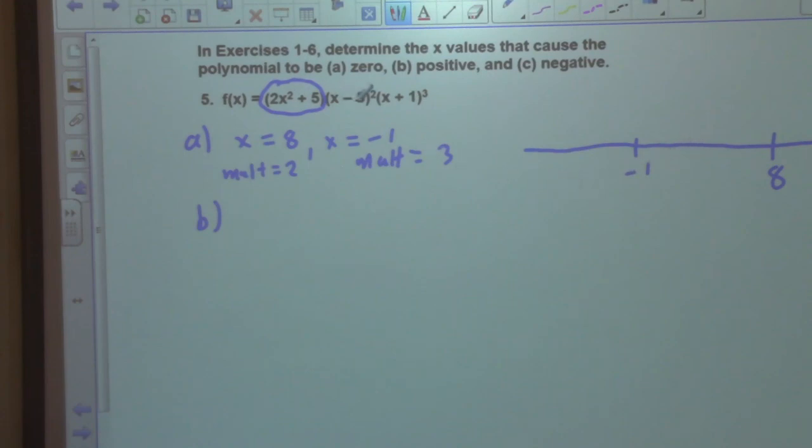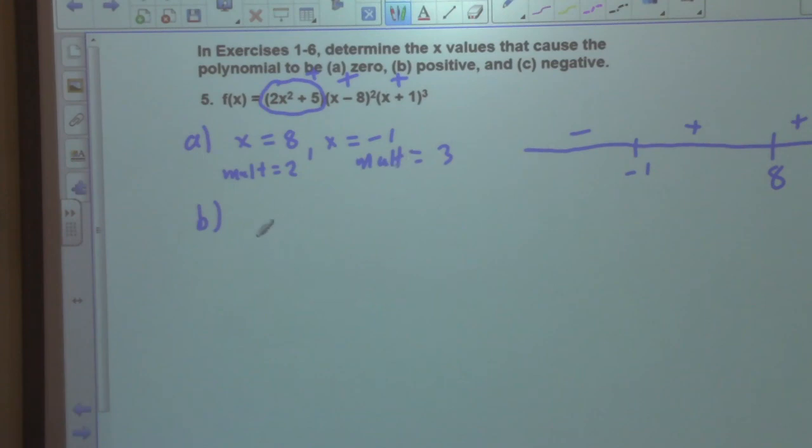If we plug in 0, well, this is always going to be positive here, right? But if we plug in 0, that's going to be positive also, right? So we have a positive times positive, that's always positive. So this is positive here. And then we can look at multiplicity of 3. Is that going to change signs? Yeah, so this is going to be negative here. And we go to 8, it's going to be positive also, right? Because we don't change signs.